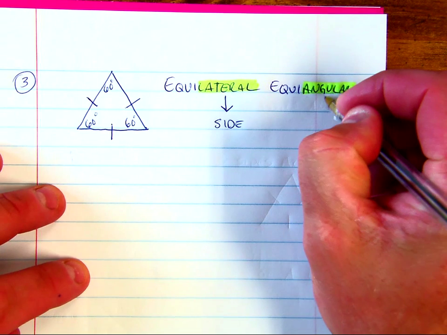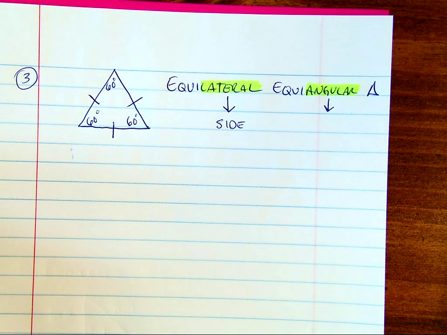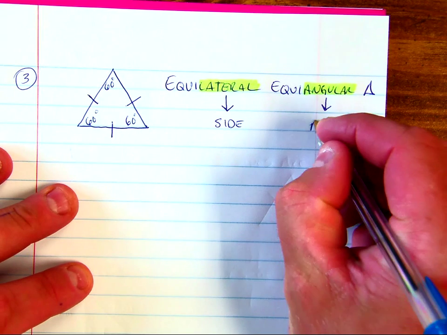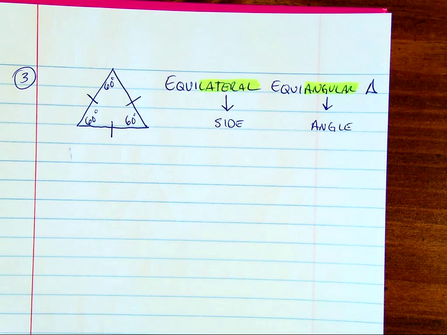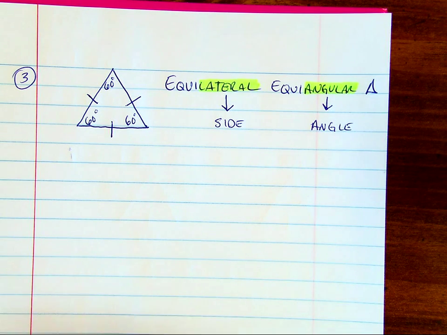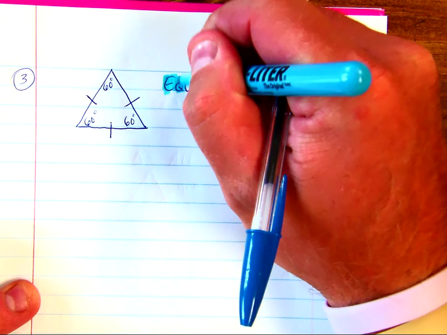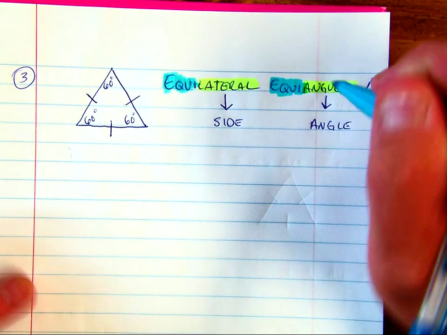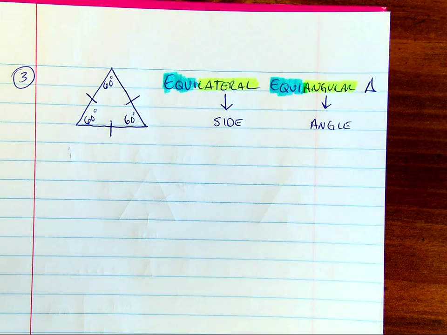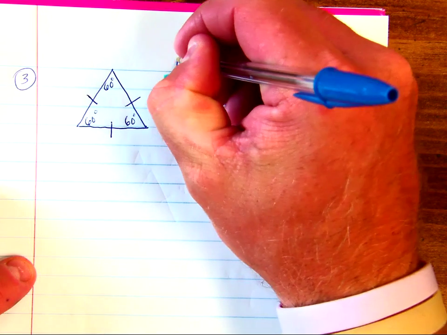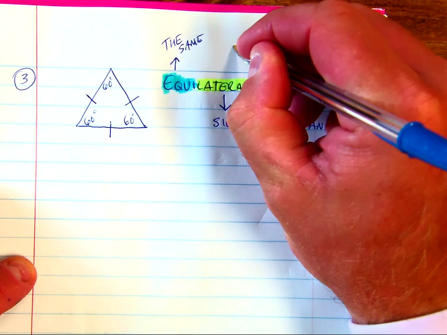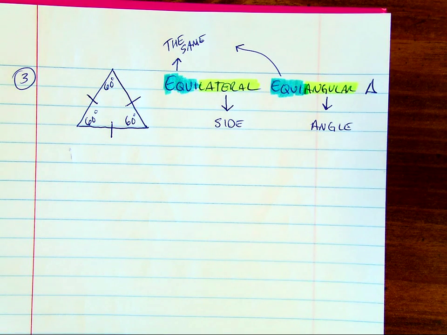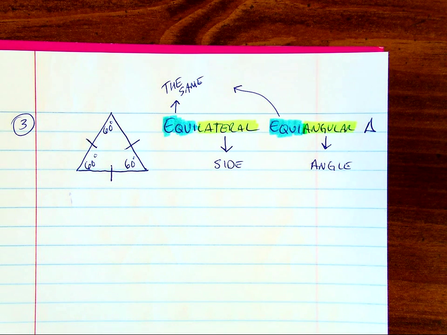Angular means angle. And what does equal mean? The same. The same. So you have the same side, the same angle.